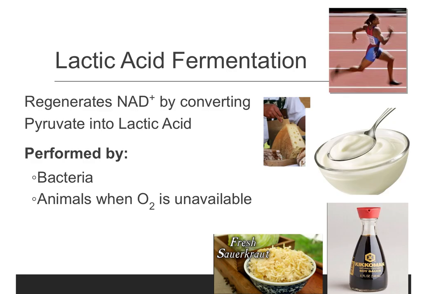For lactic acid fermentation, when they regenerate these NADHs, there's a byproduct of that, and that's the lactic acid. This lactic acid is seen if you've ever exercised too hard and you have the pain building up in your muscles.